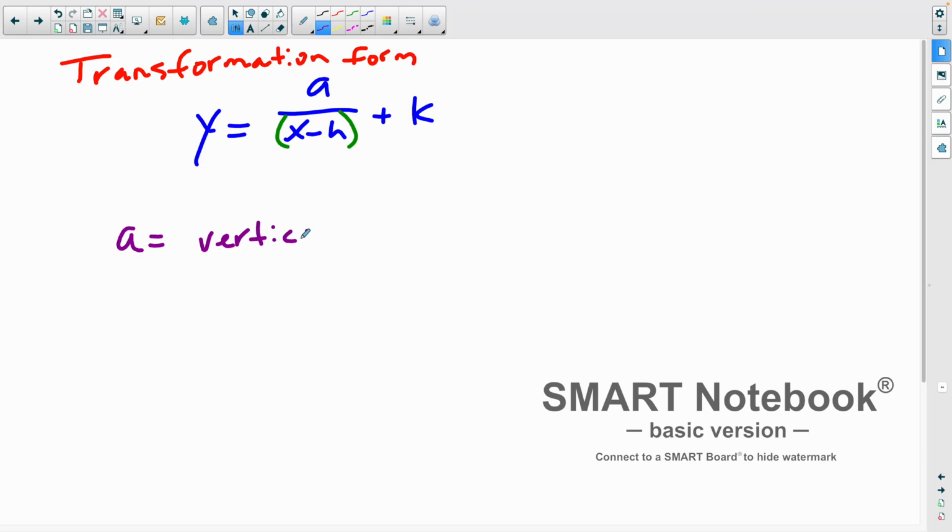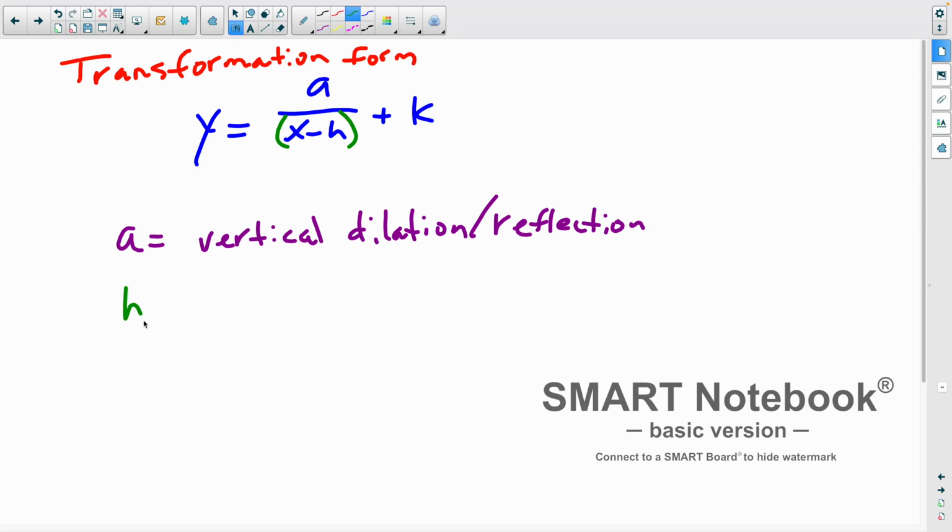I'm going to call it a dilation, so I have to write both compression and stretch. So it's a vertical dilation or reflection. If it was a negative, it would vertically reflect it. So the A value is outside the parentheses. That's a vertical dilation, stretch or compression, or a vertical reflection if it were a negative.